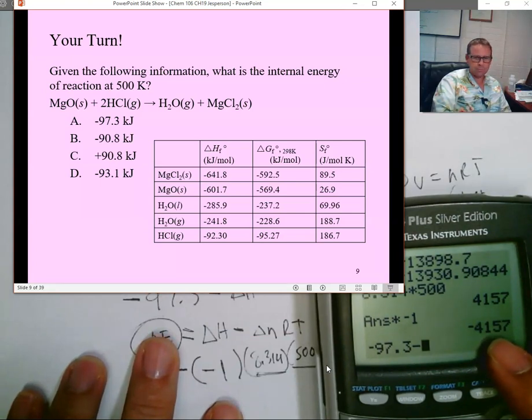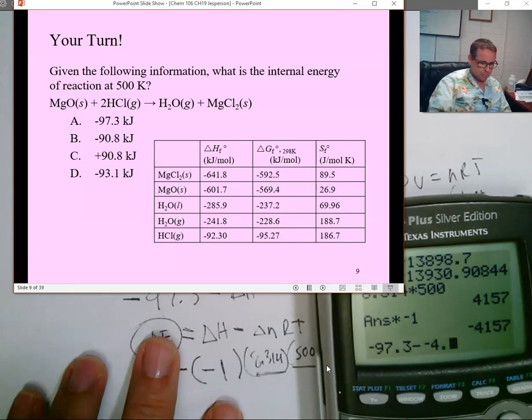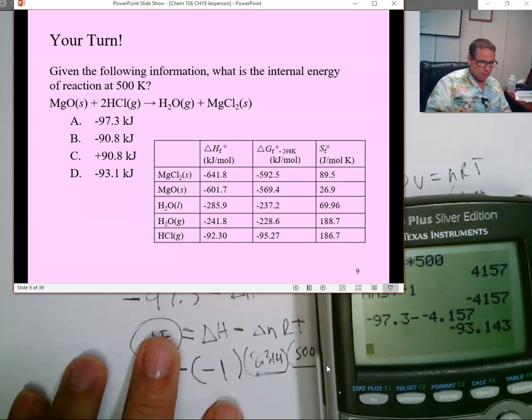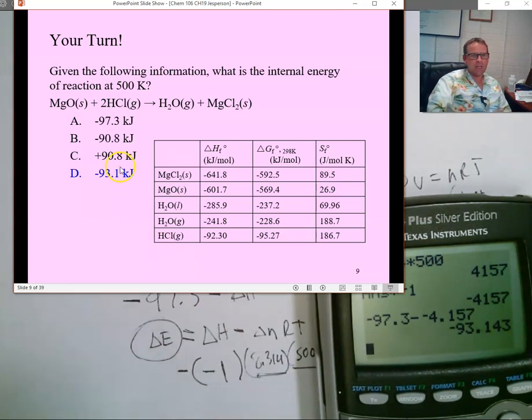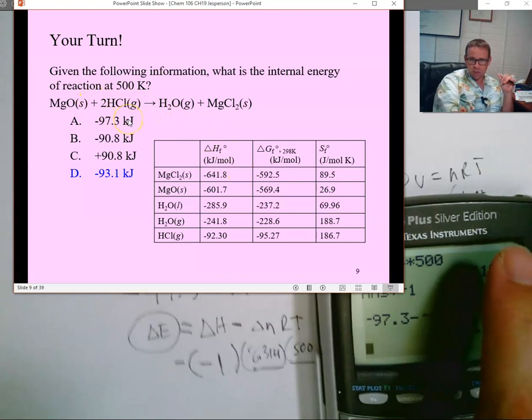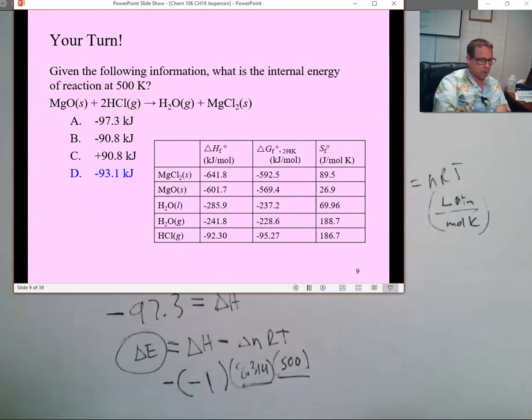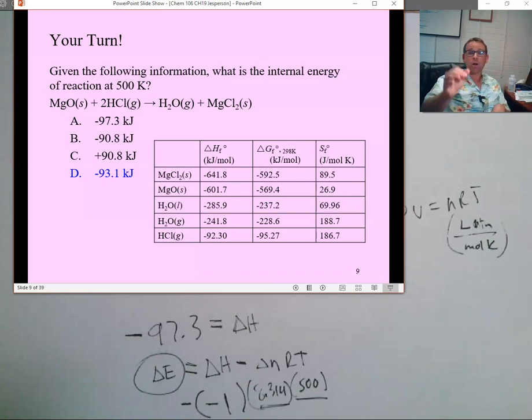You have to turn it into kilojoules instead of joules, so it'll be minus -4.157. All right. There we go. So we went down to 93.1. Okay, very good. Now we didn't just calculate the delta H again. We did that before, and so we were saving some time. But taking the delta H, which is our heat energy, and combining it with our work energy gives us our total energy.